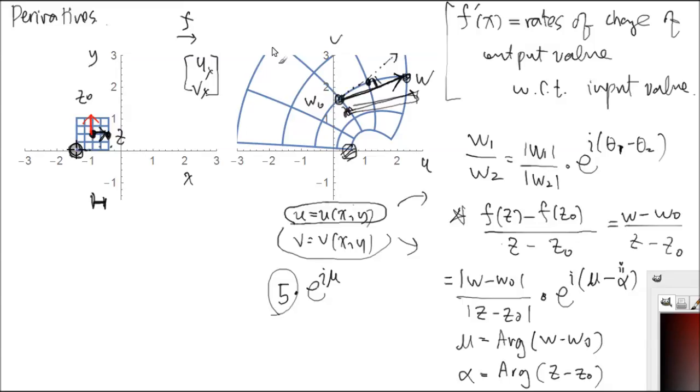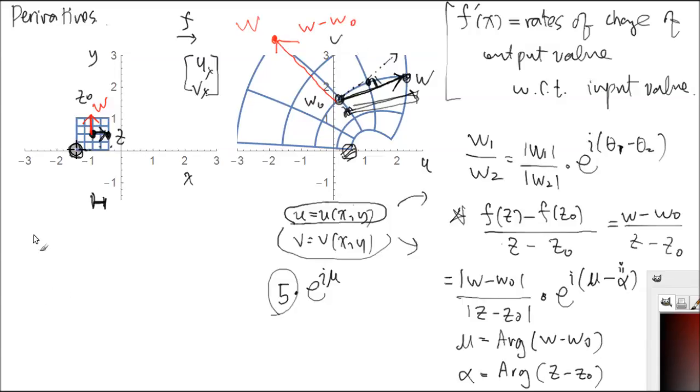Which line? It's a vertical line right there, right? So it's going to be w0, and if that's my w in red, it's going to be w over there, correct? And that's going to be this vector there. That's w minus w0.